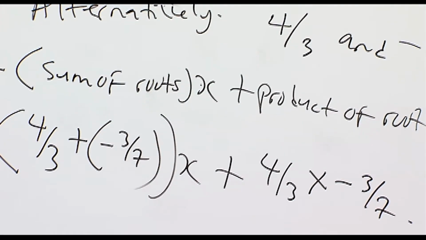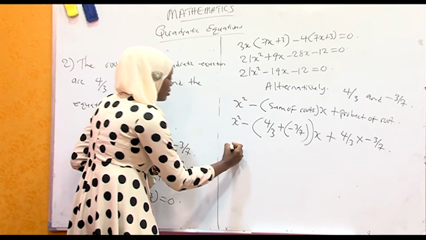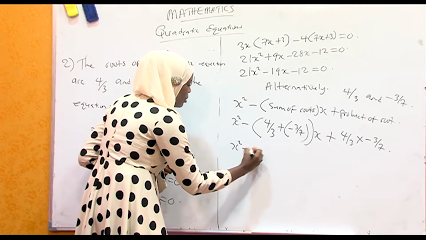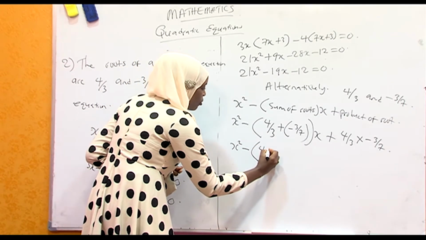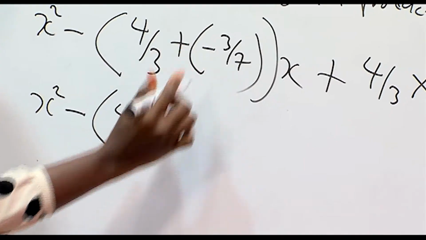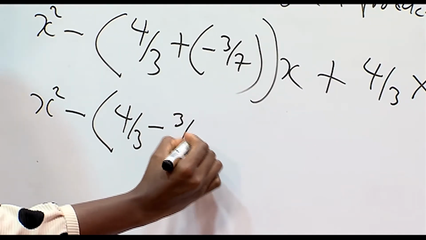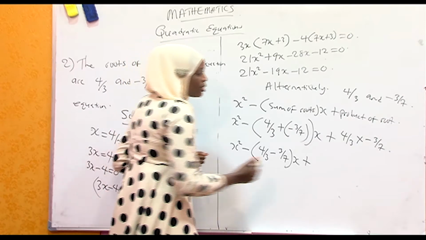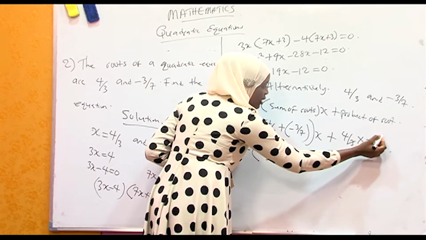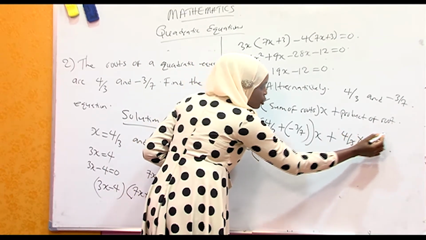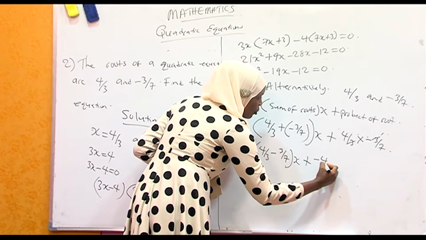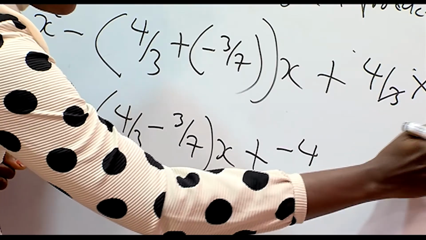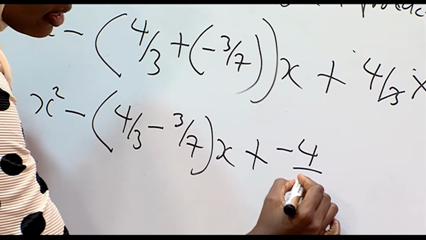Proceeding, evaluating the product: 3 here 1, 3 here 1, so I have 4 times minus 1, which is minus 4, then 1 times 7, I have 7.